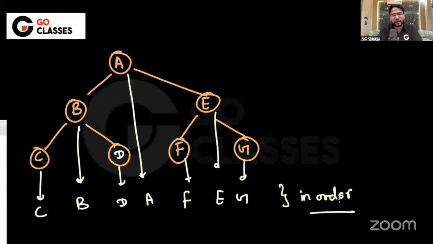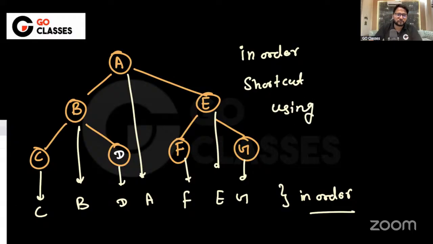So finding in order using projection: in order shortcut using projection. Is this fine to everyone?